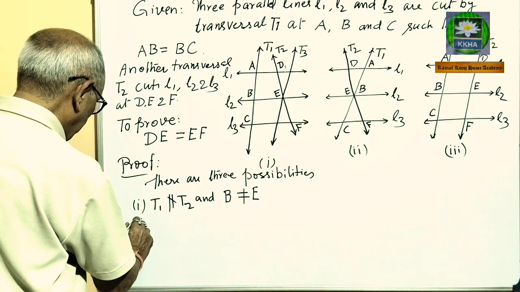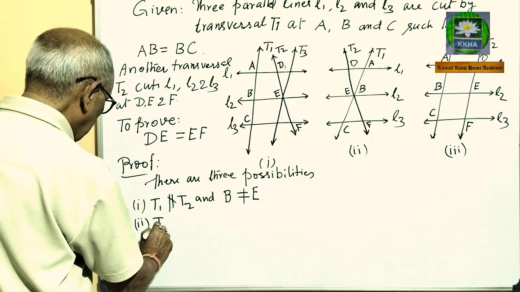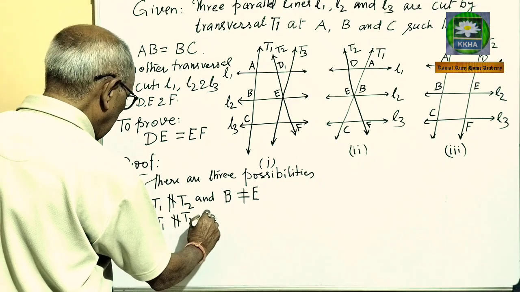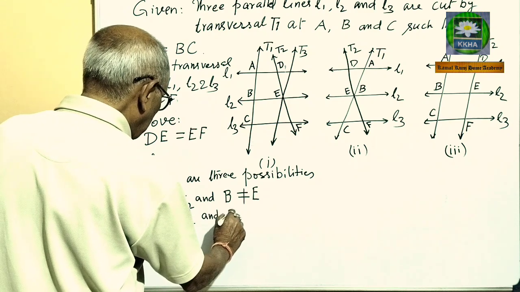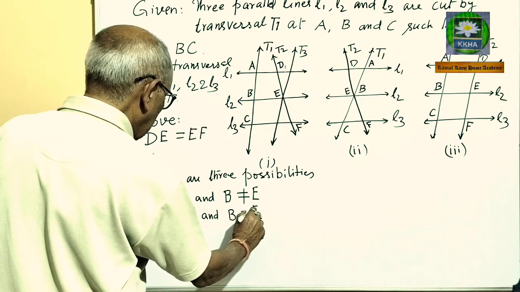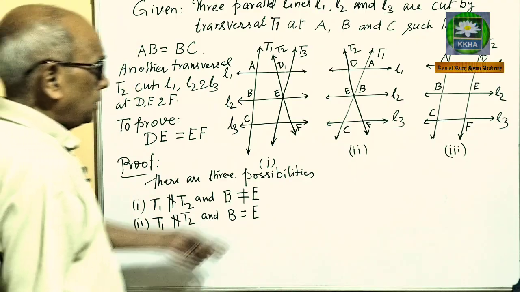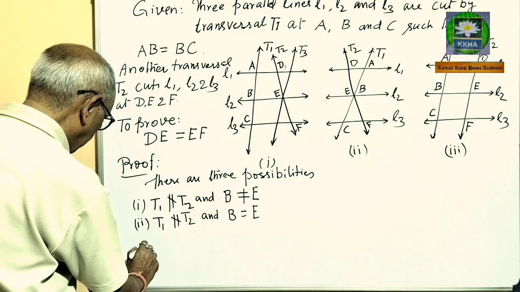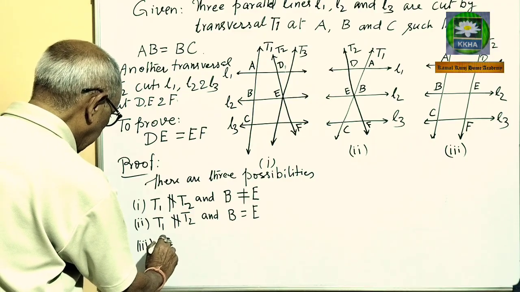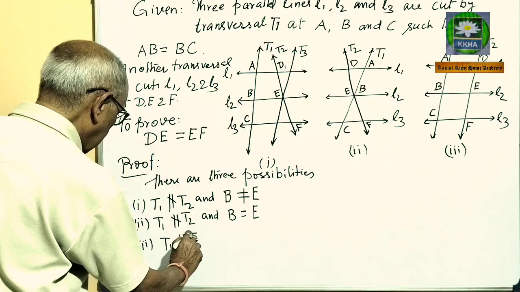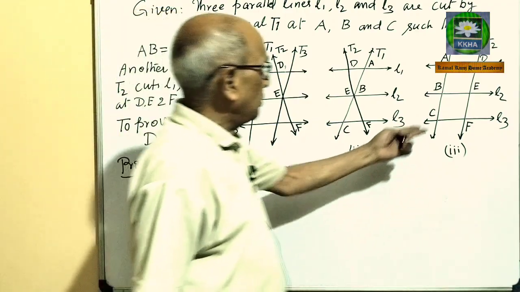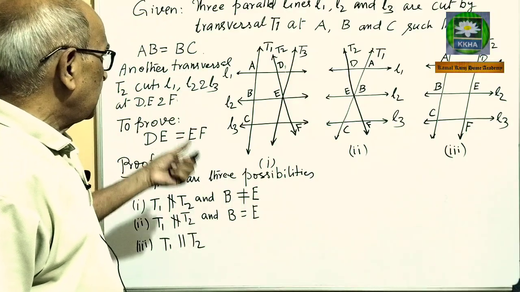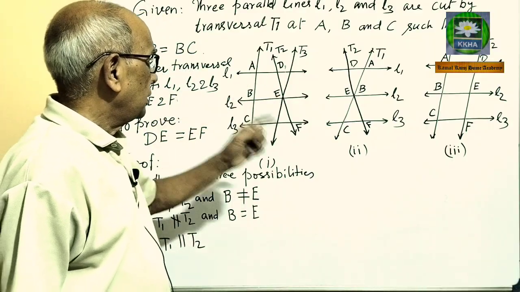Second, T1 is not parallel to T2 and B is equal to E, this one. Third possibility, T1 is parallel to T2, this one. So we have to prove that DE will be equal to EF in each case.